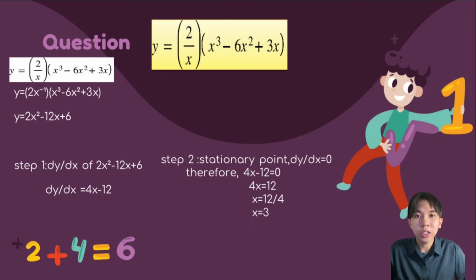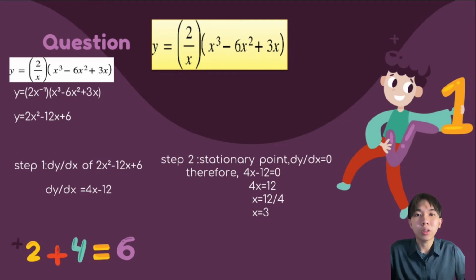In the question, y equals (2 over x) times (x cubed minus 6x squared plus 3x). We know 2 over x equals 2x to the power of negative 1. So y equals (2x to the power of negative 1) times (x cubed minus 6x squared plus 3x).